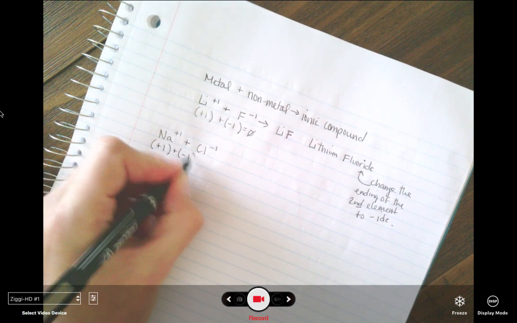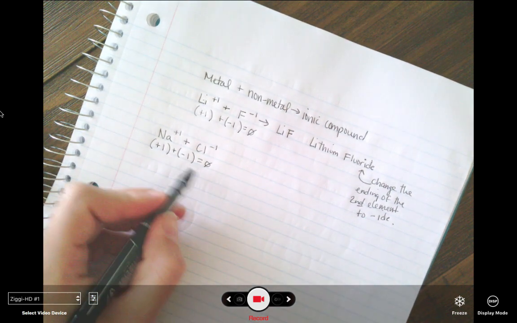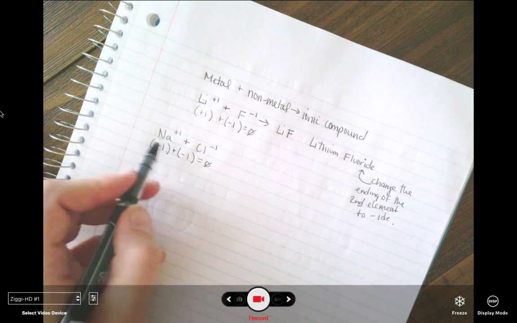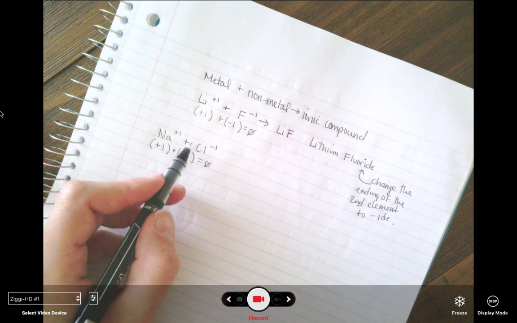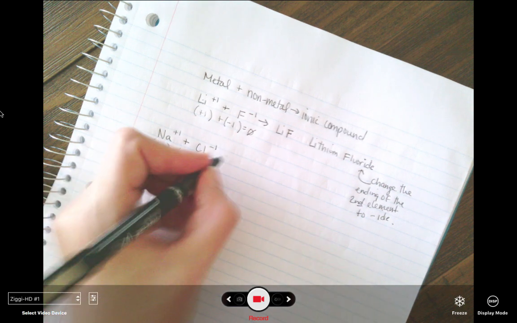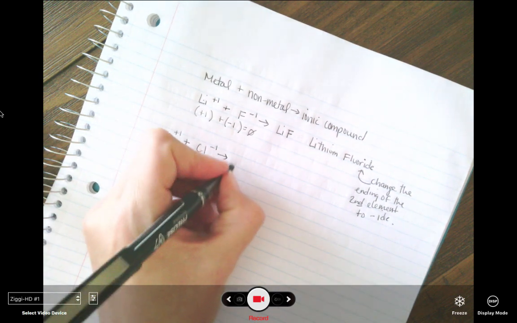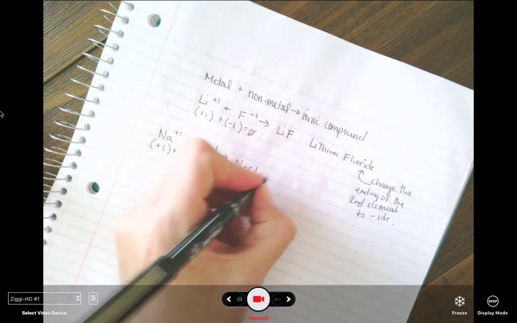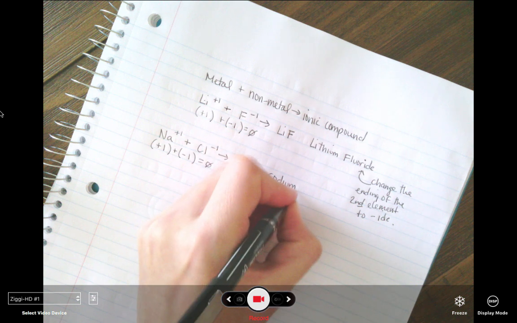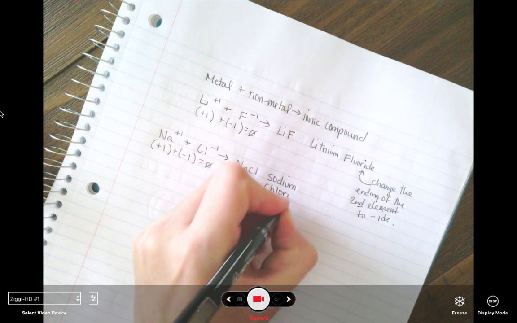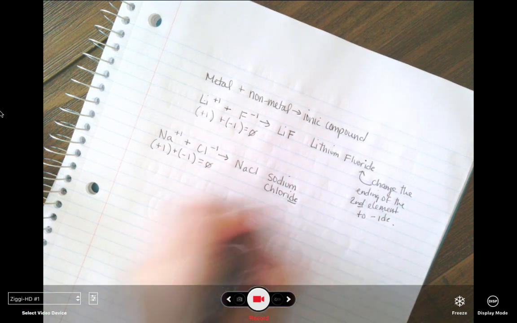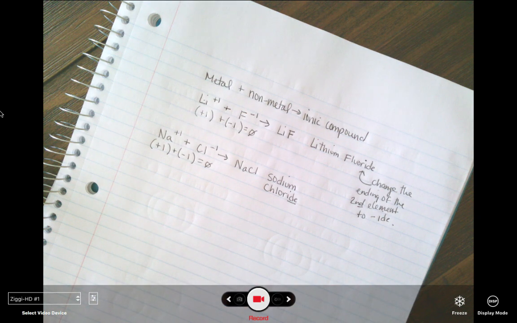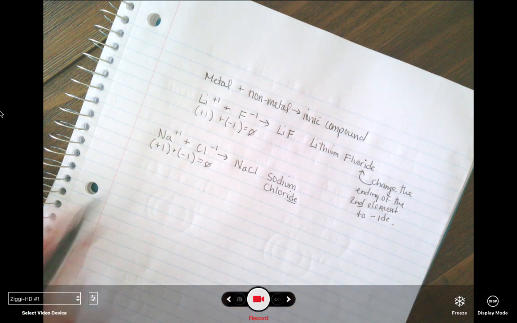I know chlorine wants to accept 1. When that happens, the charge equals 0, which means I know that sodium only needed to give away 1 electron, chlorine only needed to accept 1 electron. And when it forms its ionic compound, it's going to form what's called sodium chloride, which is regular table salt. So instead of sodium chlorine, it's sodium chloride to denote that it's an ionic compound.